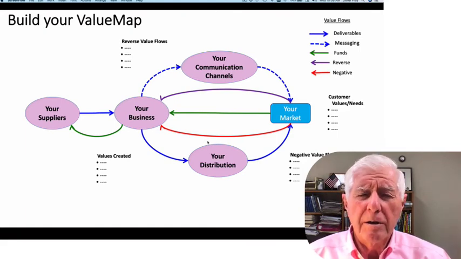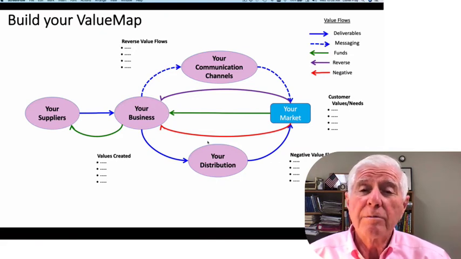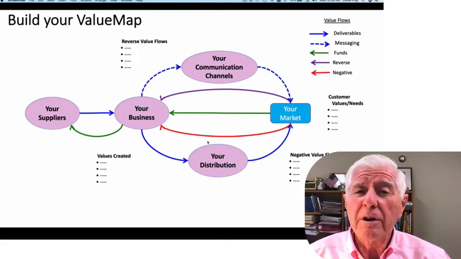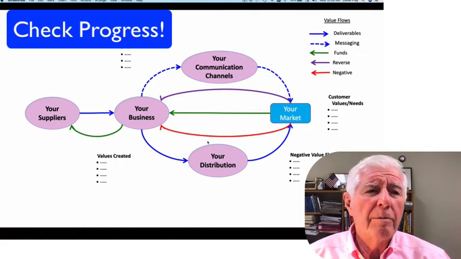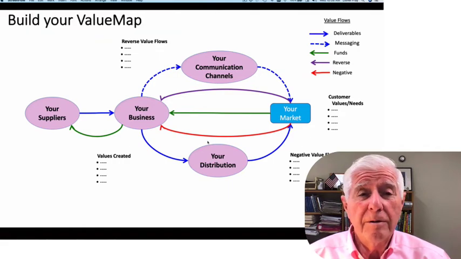And one last thing. If you do all this, including taking the necessary actions, at some time in the future, convene a follow-up meeting to check your progress and see if any further changes on your value map and your business are needed.